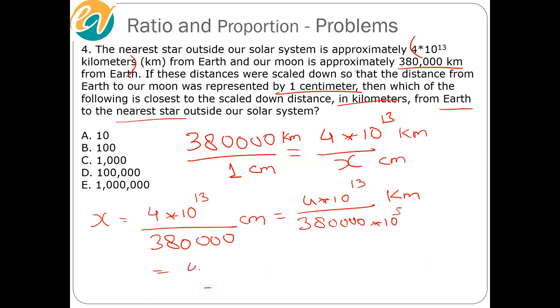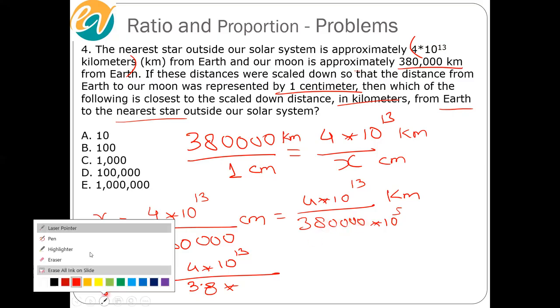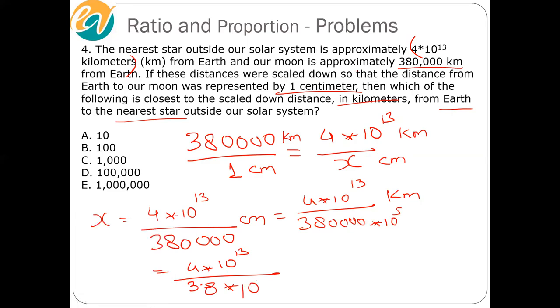This would be 4 into 10 to the power of 13 divided by, since we have 4 here, what I do is convert this to 3.8 into 10 to the power of how much? 1, 2, 3, 4, 5.